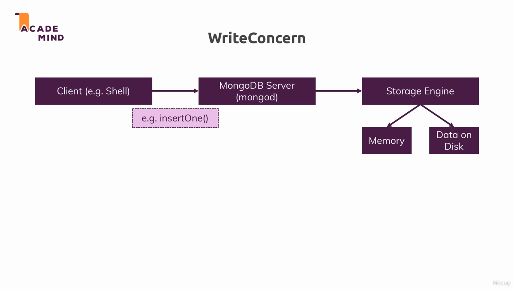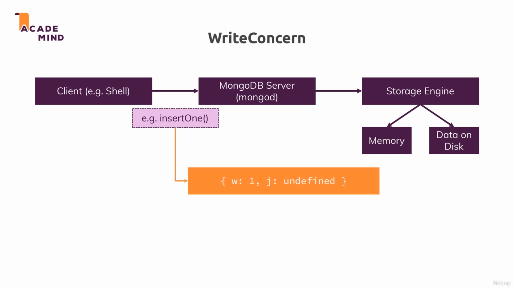Now you can configure a so-called writeConcern on all the write operations like insertOne with an additional argument, the writeConcern argument, which is in turn a document where you can set settings like that. Now what does this mean? The w simply means write, and the number here indicates to how many instances, in case you're using multiple instances on one server.